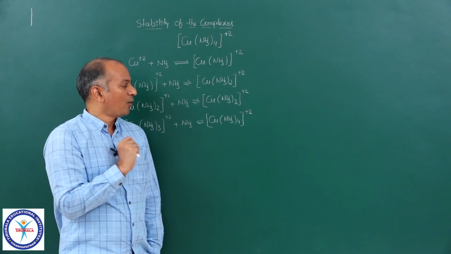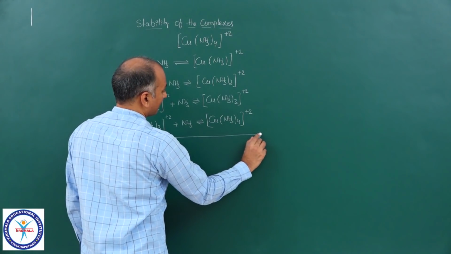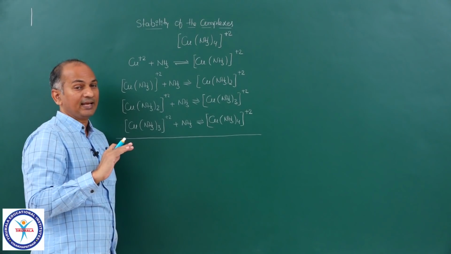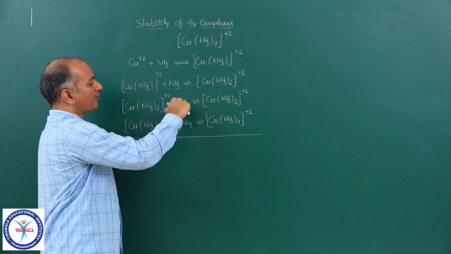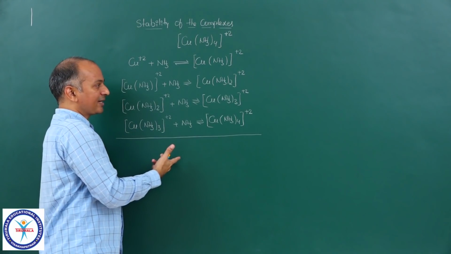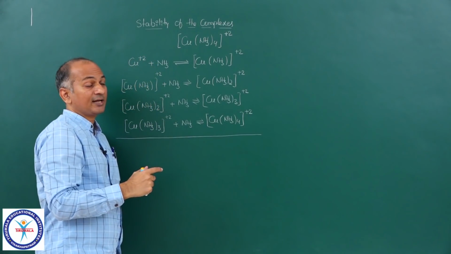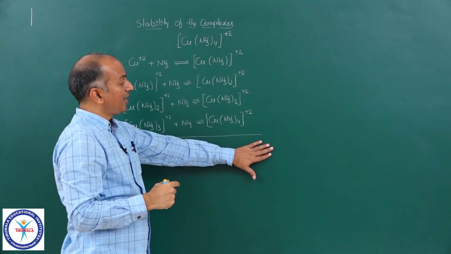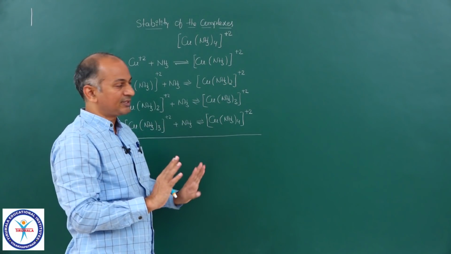Now, if you combine all these steps, all of you have this skill from chemical equilibrium. You add 2 or more reversible reactions, you will get the net reaction, and if you do that, then what will happen to the equilibrium constants? What is the relation between net equilibrium constant and individual equilibrium constants? You all know this. So I told you already, this topic is very simple.